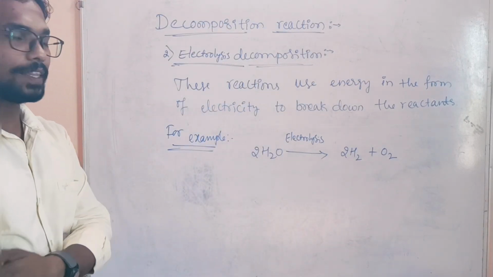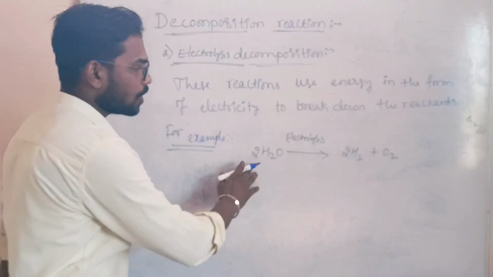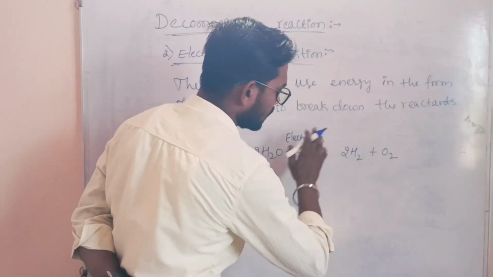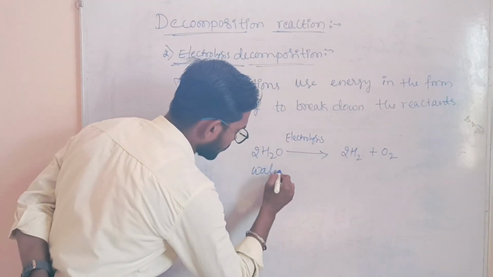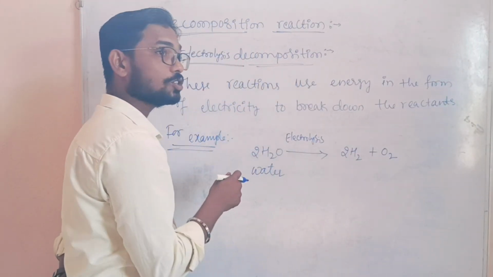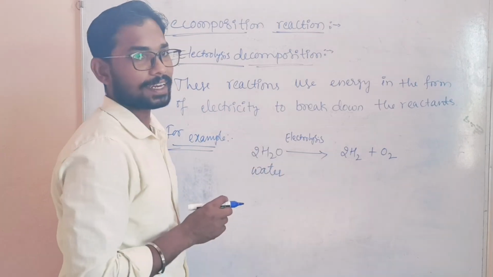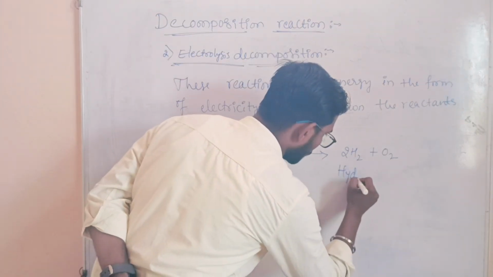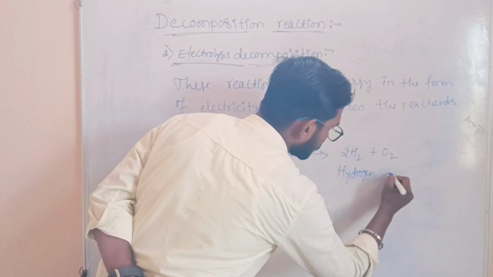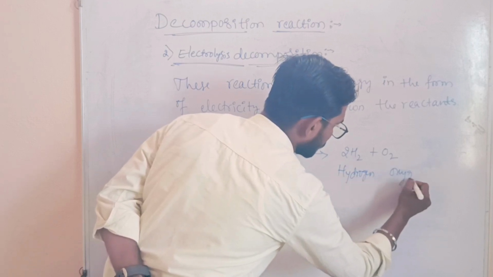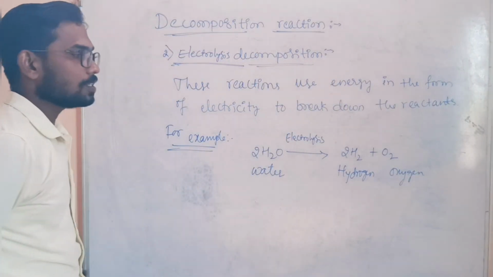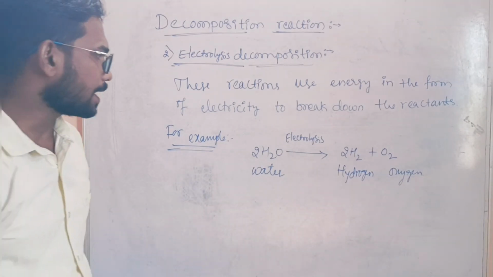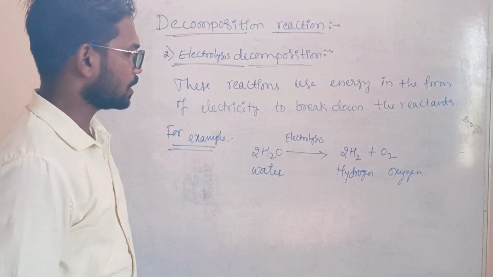So the water molecule is broken down by electricity, and here we get hydrogen and oxygen. So this is the example of the electrolysis decomposition reaction.